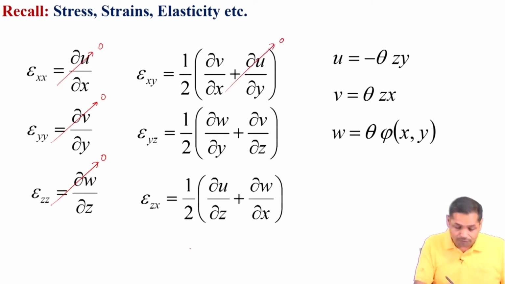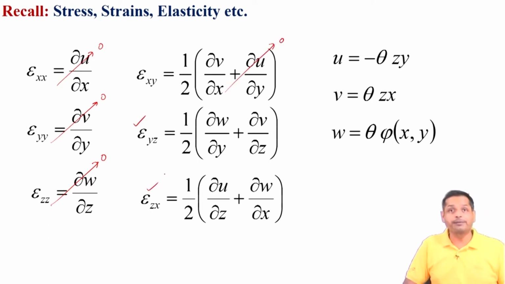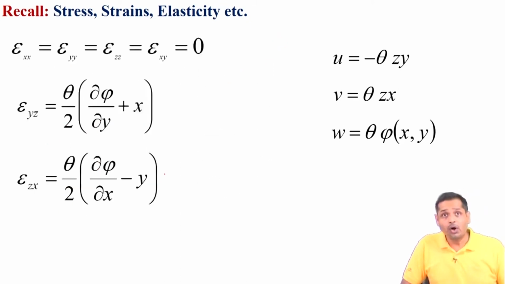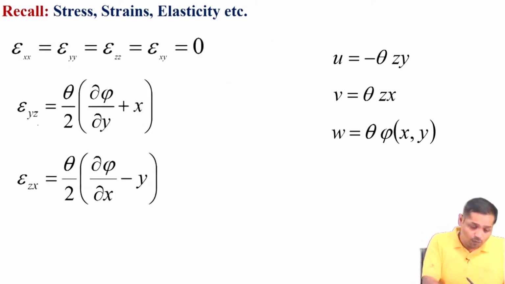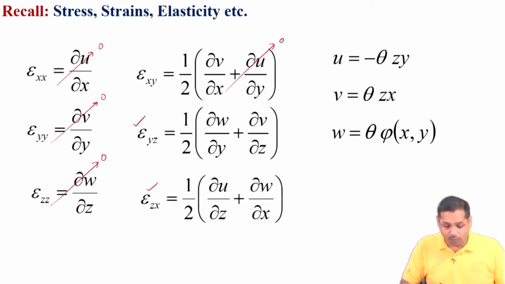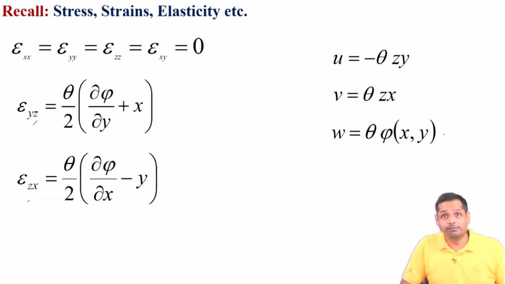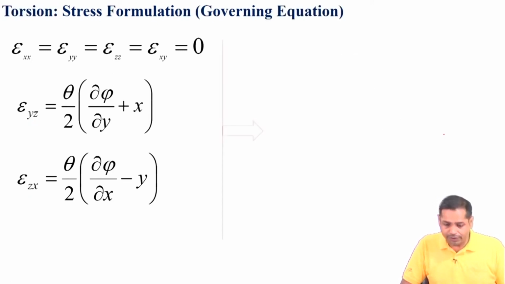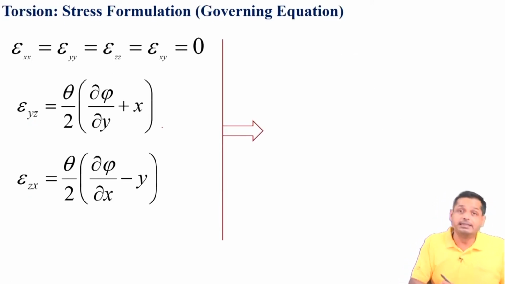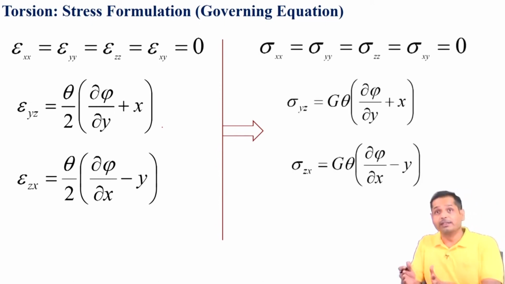Only non-zero components we have are epsilon yz and epsilon zx, and if we substitute the values of u, v, w, we'll get this.